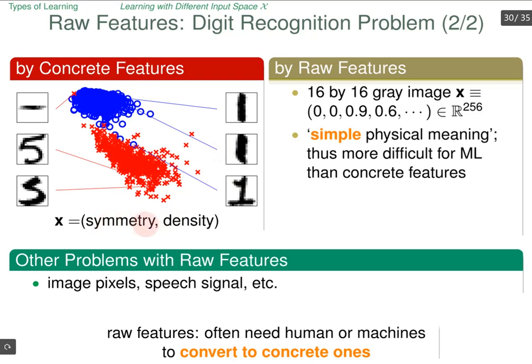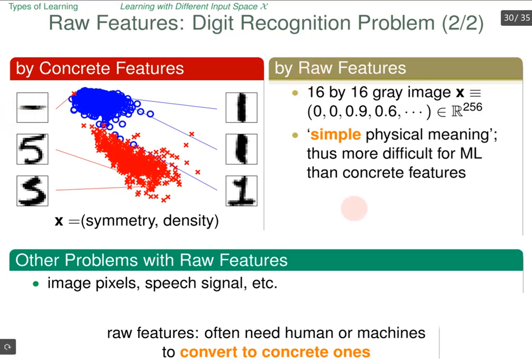So symmetry: for instance, 1 is very symmetric. Density is usually the density of the dark areas. We see that 5 is more dense, 1 is more symmetric. However, this one can be a bit confusing.